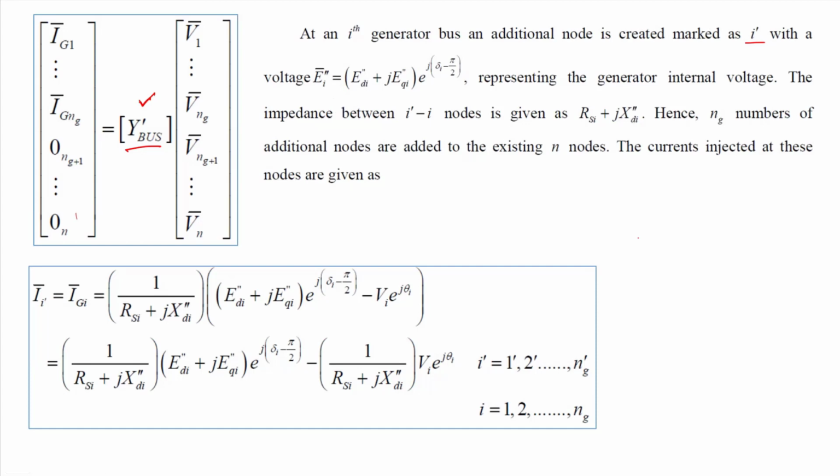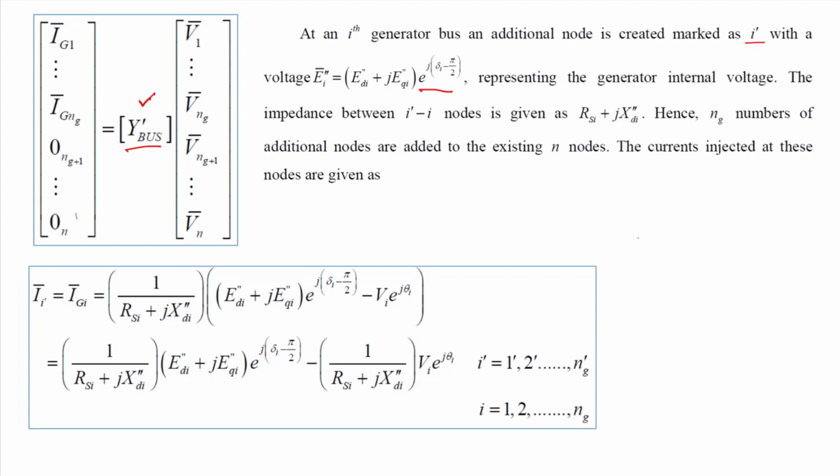Ei double dash is equal to Edi double dash plus j Eqi double dash, and obviously it is multiplied with the transformation parameter, that is e to the power j (delta i minus pi by 2). So this represents the generator terminal voltage.